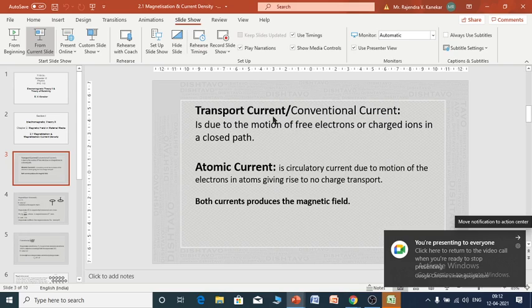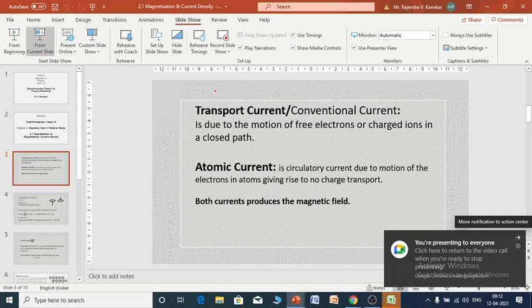Now what I was mentioning is in a current carrying wire, that current we call a transport current. That current is called a transport current because the electrons are taken from one point to the other point.